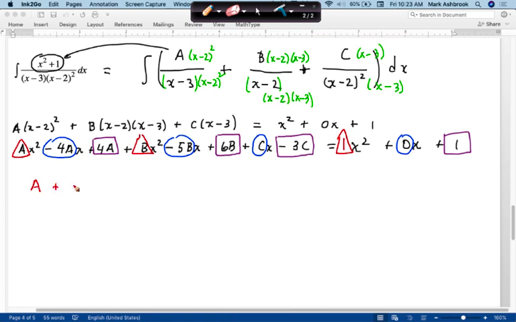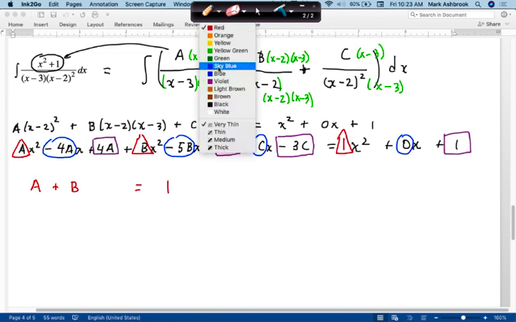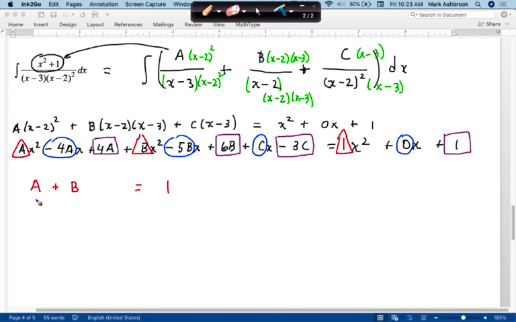A plus b plus 0c equals 1. So I'm just kind of doing this. I'm going to let you stop me if I lost you. So please do. Please stop me if I'm losing you here. Minus 4a minus 5b plus c equals? That's my linear coefficients, my blue circles.